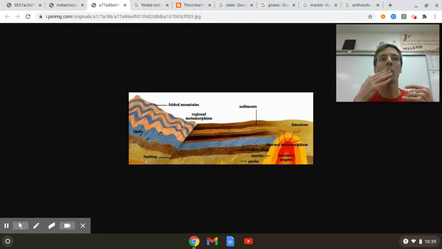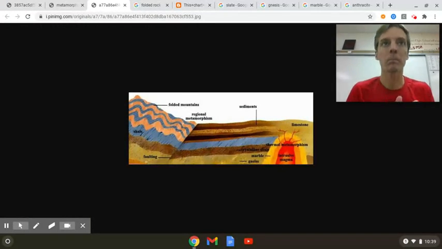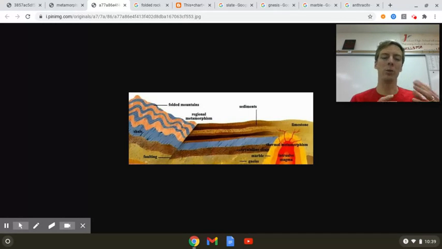That's what regional metamorphosis is about. Usually the regional metamorphism is a bigger change. So that's high grade metamorphism, and the contact is usually a low grade metamorphism, meaning fewer changes with magma than with giant mountain pressures.